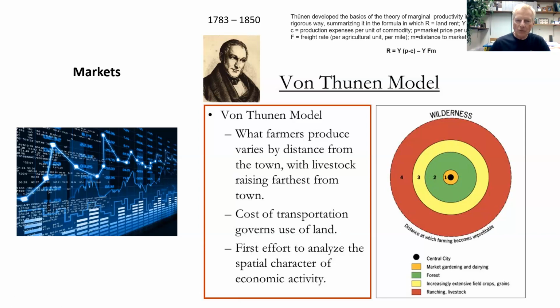Back in the day when transportation was not what it is today, the heavy products, things like milk, they had to be produced close to the population center. And then the green circle is where forests were growing because they needed the timber and they also needed the firewood. And then the yellow is extensive field crops and the red is ranching, extensive livestock production.